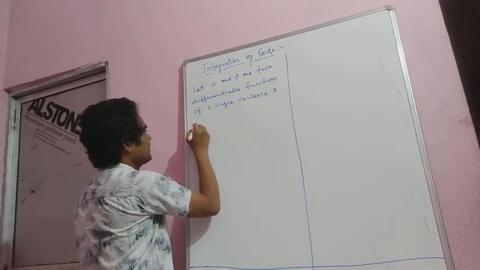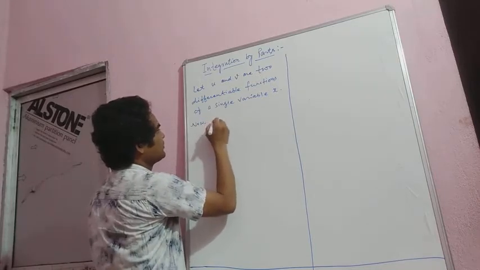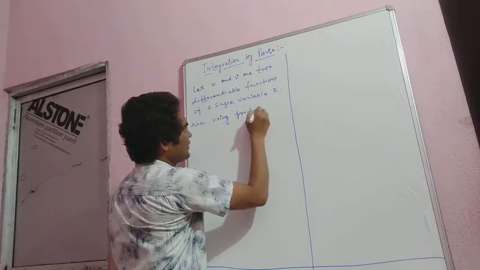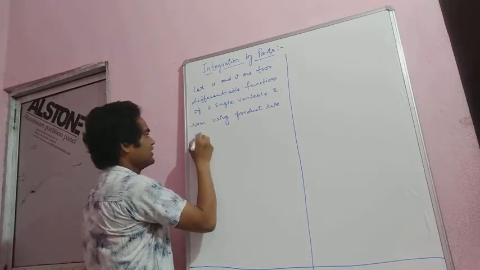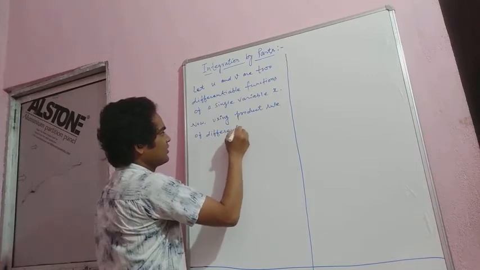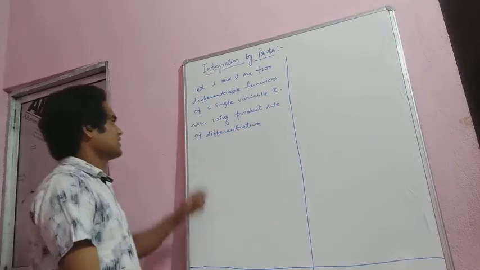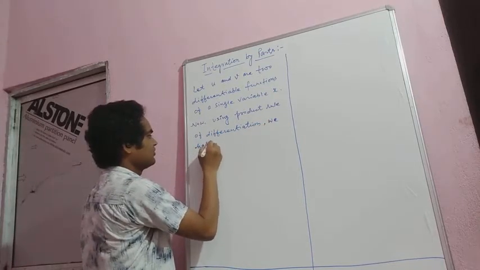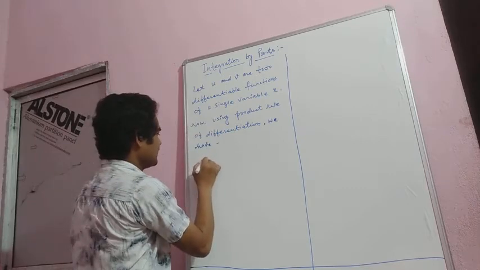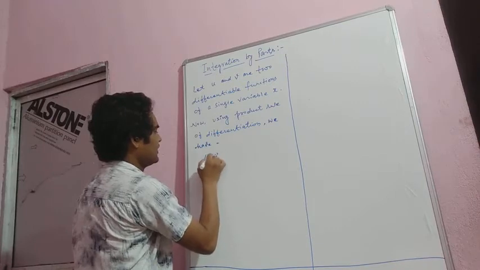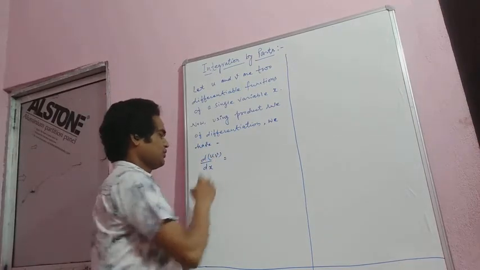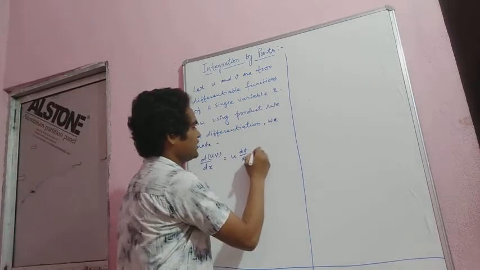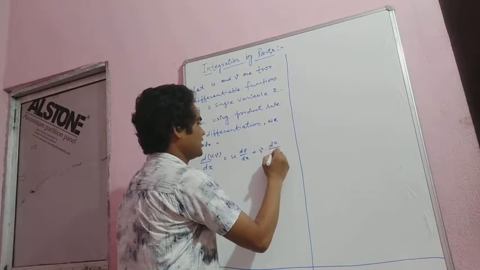Now, using the product rule of differentiation, we have the derivative of u into v is equal to u times the derivative of the function v, plus v times the derivative of the function u.